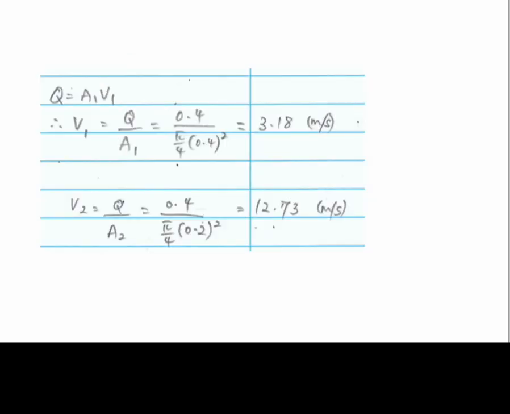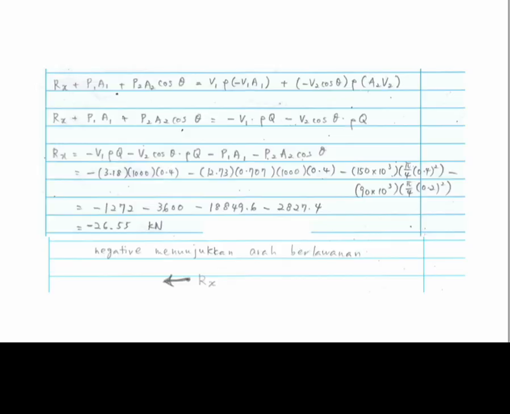And then we could calculate the velocity according to the flow rate that we get. So for section 1 it is 3.18 meter per second, and section 2 is 12.73 meter per second. And then we could develop our momentum equation. So this is the equation. And then we could substitute all the values.